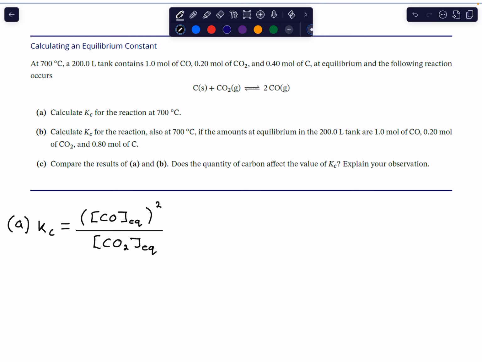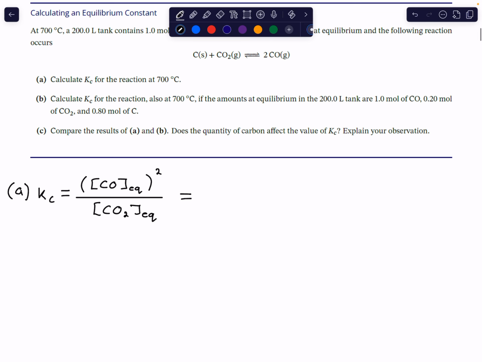Now we have to calculate that, and hopefully you realize we're given number of moles, we're not given concentration, so, perhaps here as an aside, we must calculate each of these values. Let's go ahead and do that.